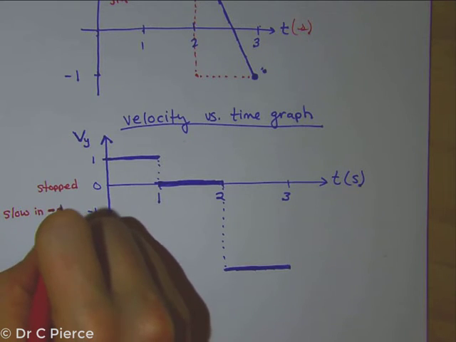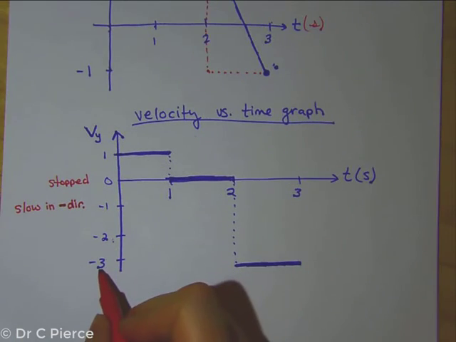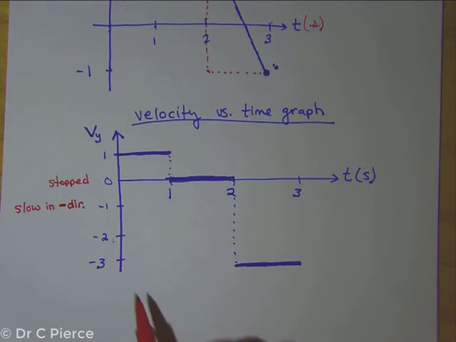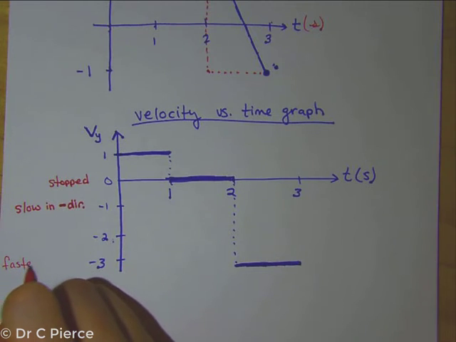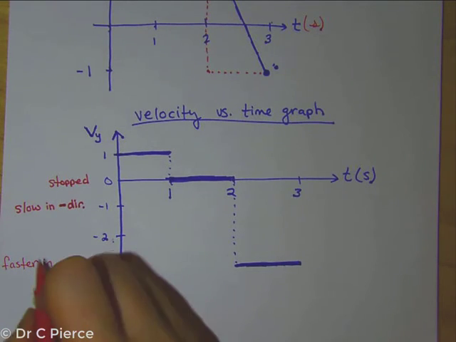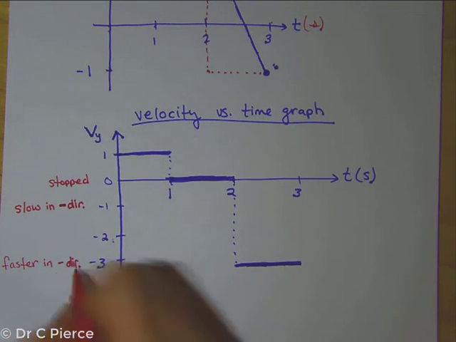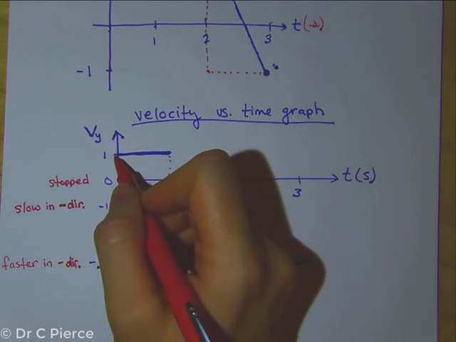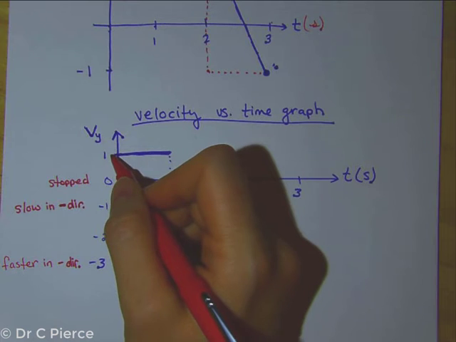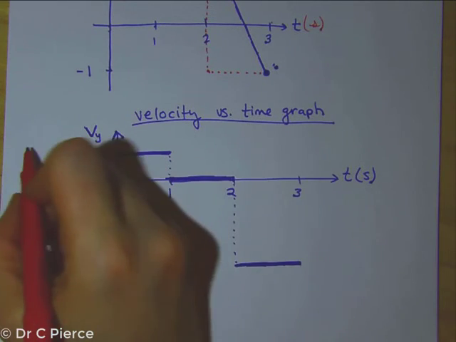So I'll say slow in negative direction. And if you had a velocity of -3, it meant you were going faster, but still in the negative direction. And for v of 1, velocity of 1, you're going kind of slow, but in the positive direction.